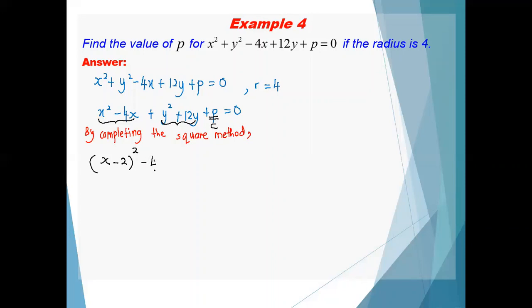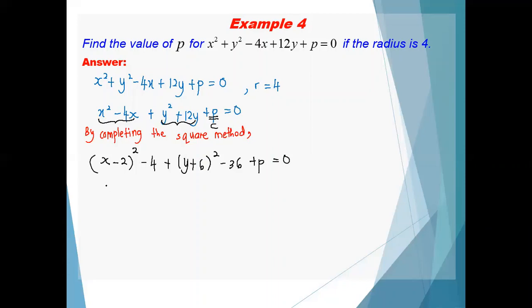So minus 4 plus y plus, okay, half 12. So 6. Okay, so square. So you have a 6 square, 36. So this one is 36. So you kena balik 36.